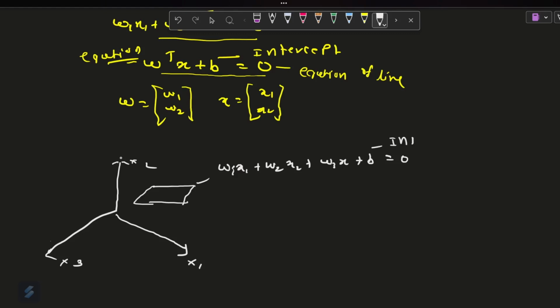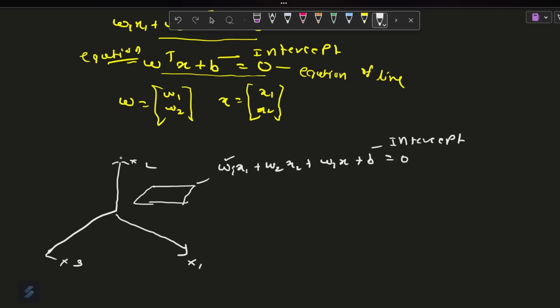Similarly, this is the intersect, and this is the x coordinate, y coordinate according to that, and this is the point that we have.